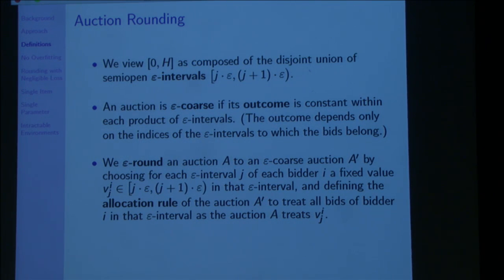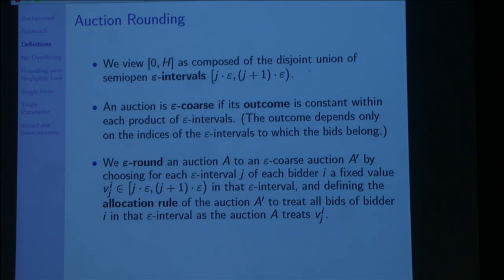As follows: A prime is an epsilon-coarse auction. So we ask each bidder in which epsilon interval their valuation lies. And then we run the original auction and treat each bidder as if he bid the representative from that interval. So say that Mark tells me that his valuation is between 2 epsilon and 3 epsilon.